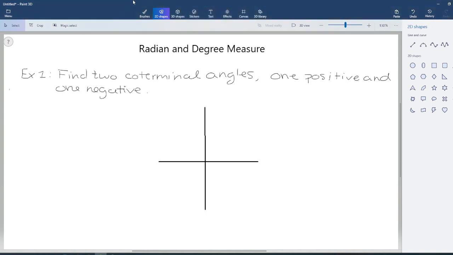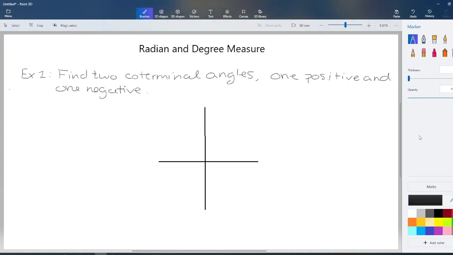Okay, so let's go ahead and look at our Cartesian plane, and then we'll look at our starting example here. Okay, so we're going to start with the angle 7 pi over 4. So the first thing I'm going to do is draw this angle in standard position. So I'm going to go ahead and put the vertex here, right?